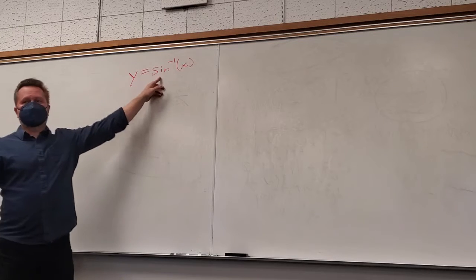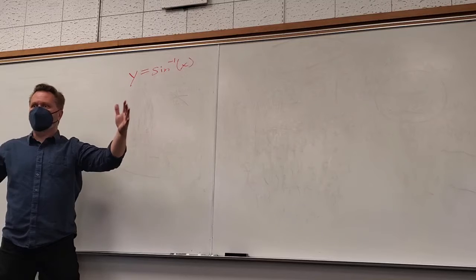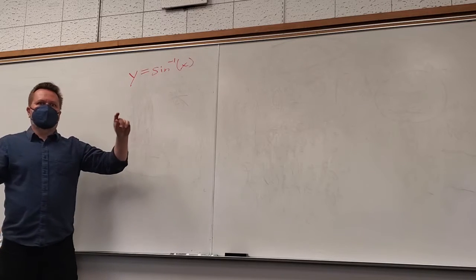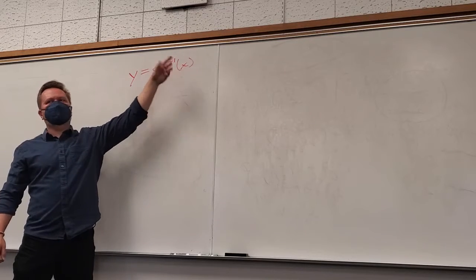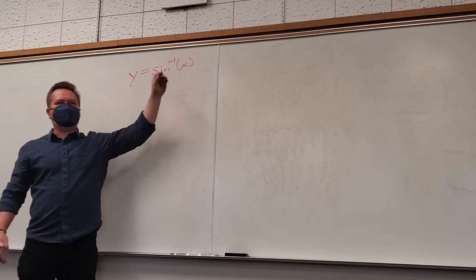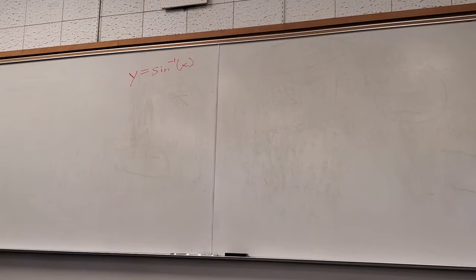This is the inverse, so the output is the angle now. That's how inverse stuff works, yes? Which means x would be the outputs of the sines. So can anyone tell me what the domain is of this function? Negative 1 to 1, because that's how far a sine normally can go, and now that is my domain, because everything's turned.